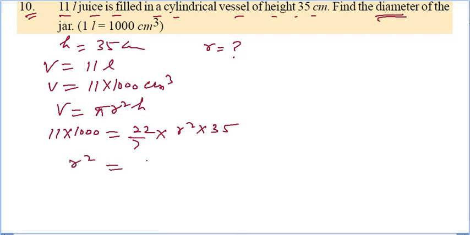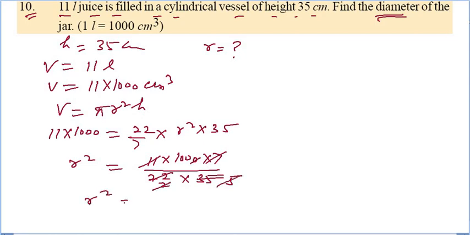So r square will be equal to 11 into 1000 and into 7 and divided by 22 into 35. Now 7 5 ja 35 and 11 2 ja this one. So 5 2 ja 10. So 1 0 is cancelled out. So we get r square equal to 100. So now we can find the r is equal to square root of 100. So r is equal to 10 centimeters.